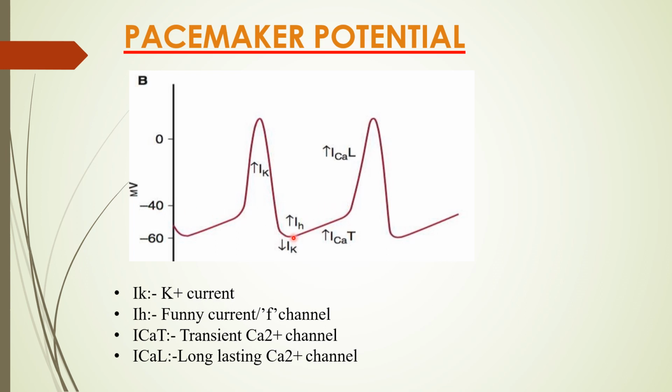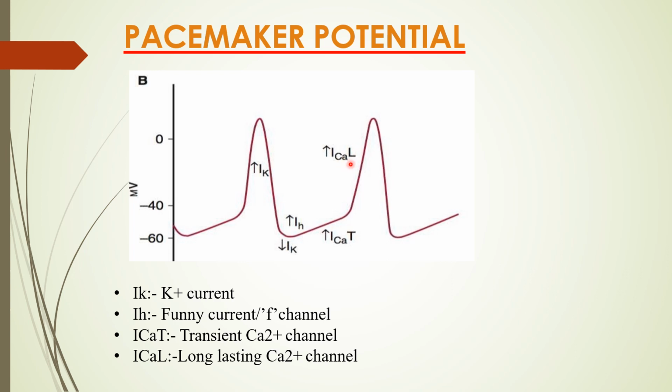Okay, so the initial part of the depolarization is because of sodium entry, and the later part of the pacemaker potential is because of transient calcium channels, which will cause calcium entry till minus 40, that is threshold level is reached. Okay, so then at the threshold level, another type of calcium channels, that is I calcium L, long lasting calcium channels will open up, and the action potential starts with rapid depolarization.